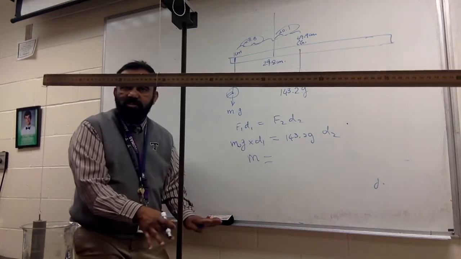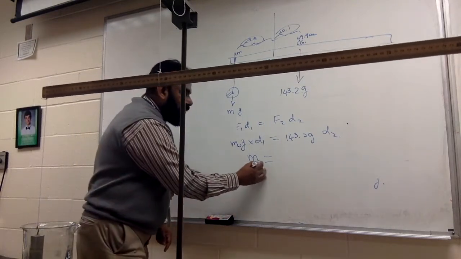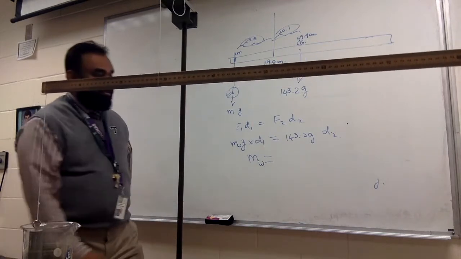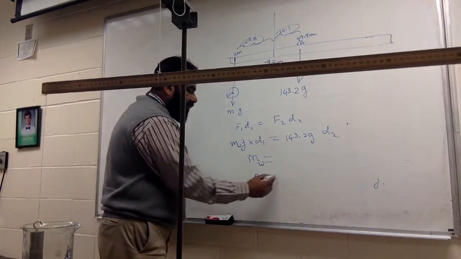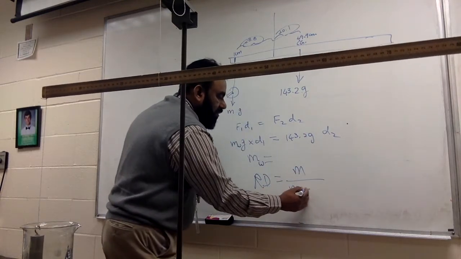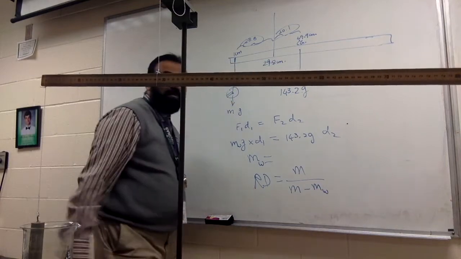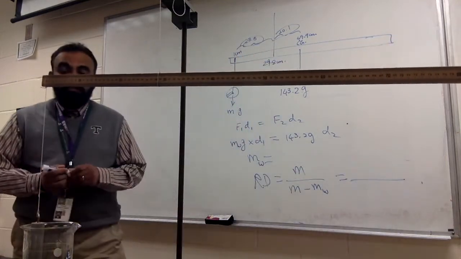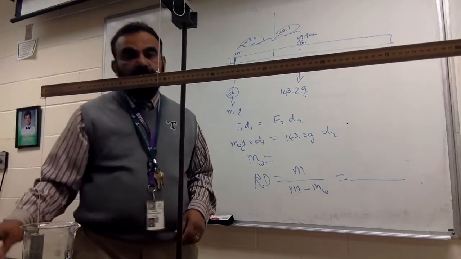And you do the calculation once again, you find MW. And your final answer for the relative density is this. Relative density is the mass in air divided by the loss when you put it into water. You do this and you get the relative density. That will be the density of this material.